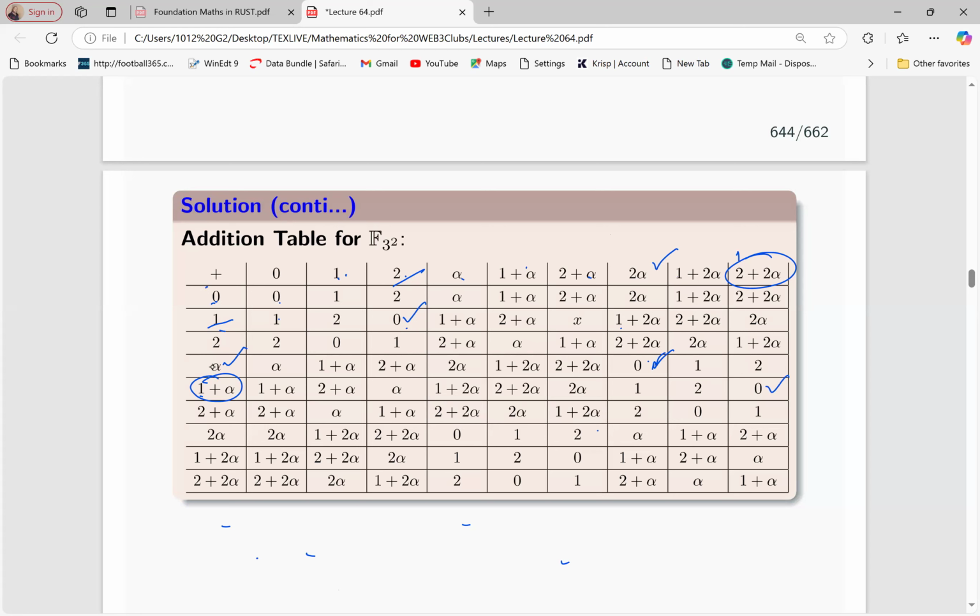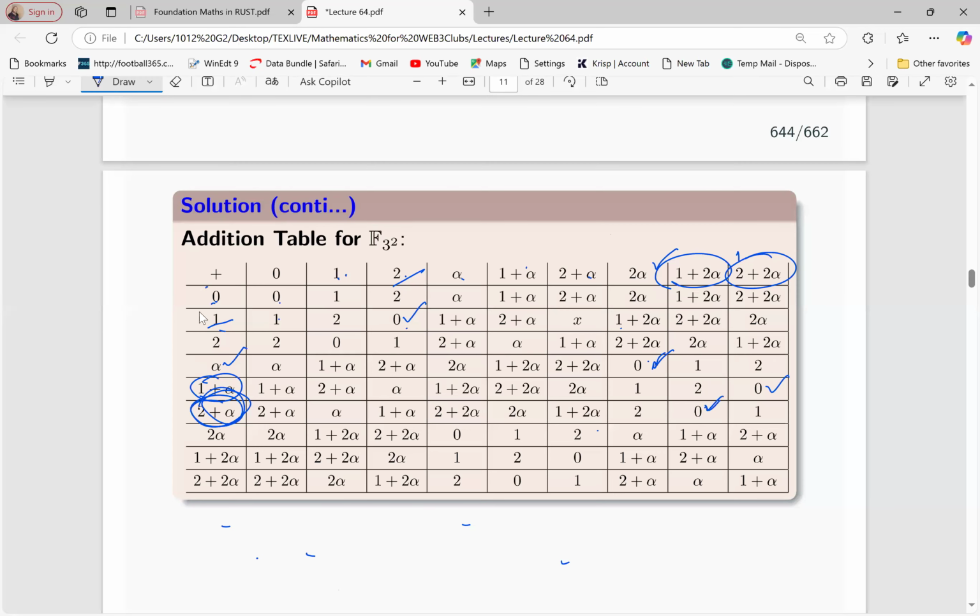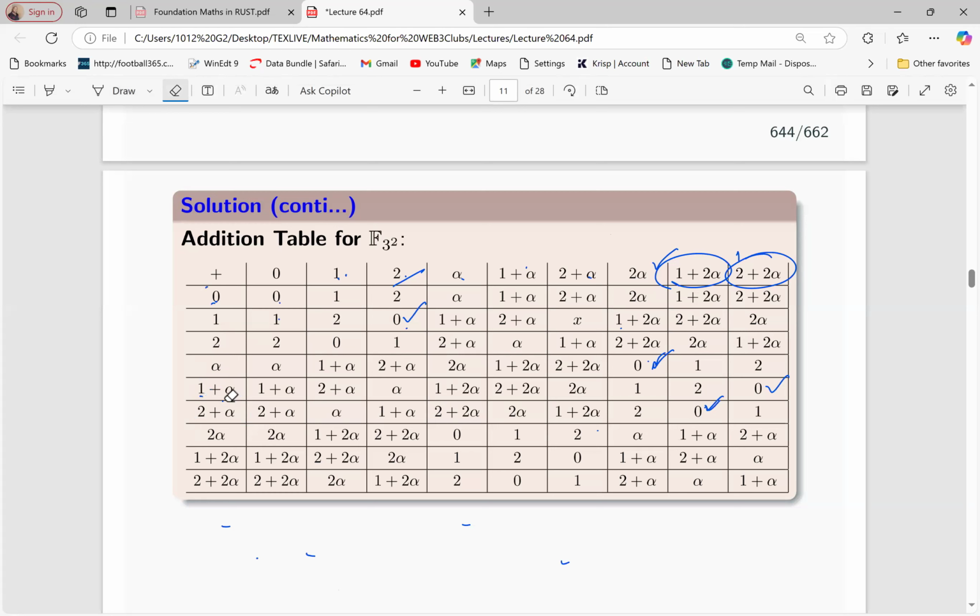The inverse of 2 plus alpha is 1 plus 2 alpha because their sum is the identity element 0. So that is how you tell the inverse of an element in this kind of question, because you have to have the table for you to tell what the inverse is.